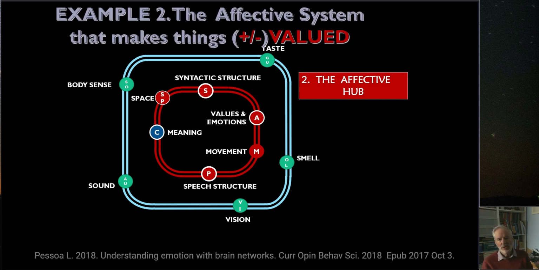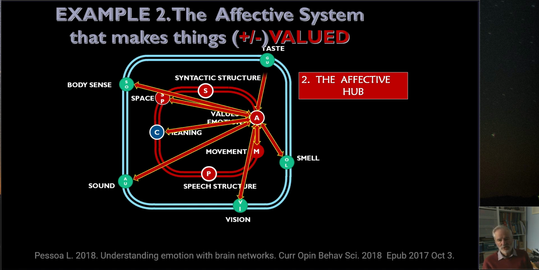Okay, so in other words, this affective system is a hub. It's a thing that makes many things valued either positively or negatively. And as we shall see, this will have a very important role in processing.